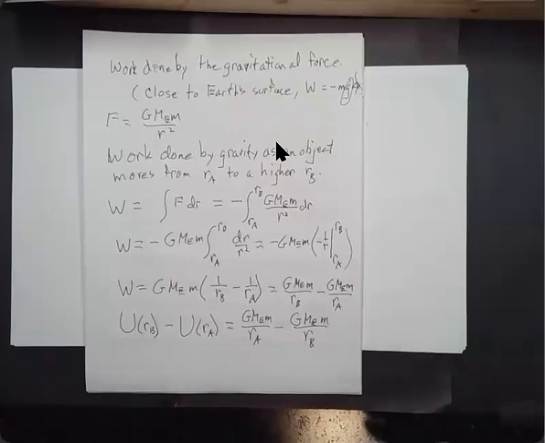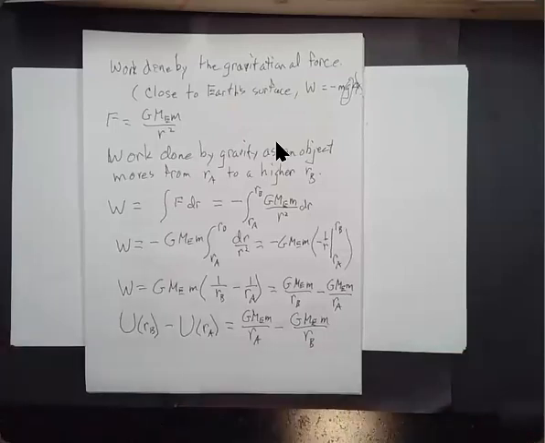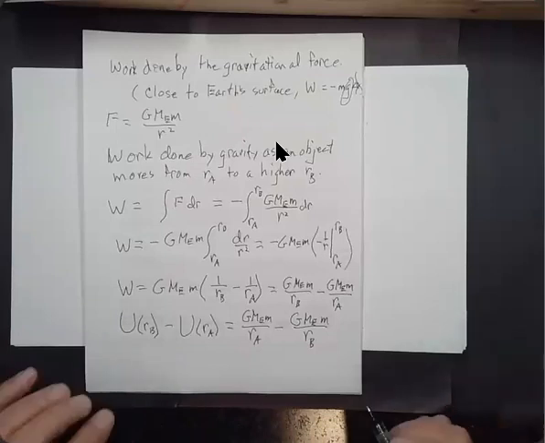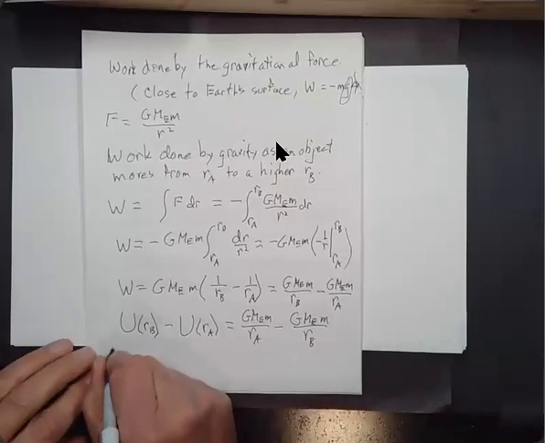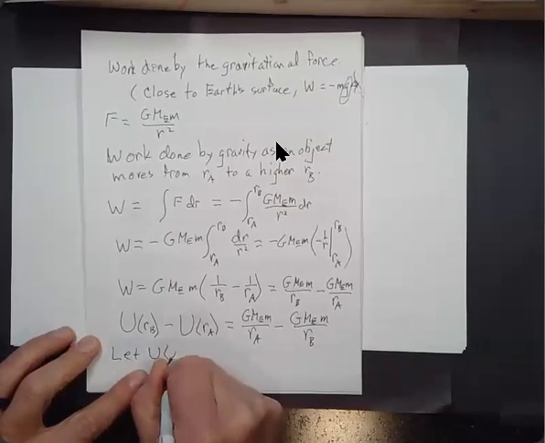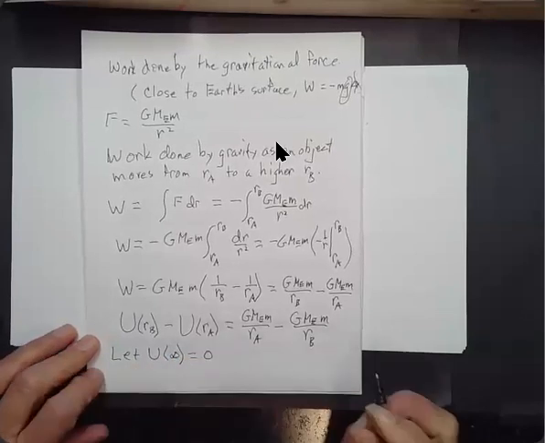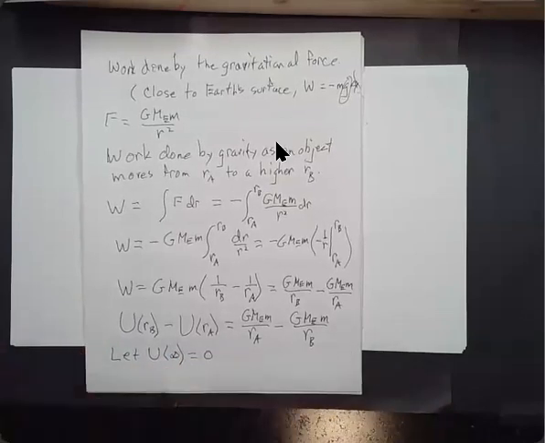And then we'd like to extend this to gravitational potential energy with respect to the sun or with respect to some other planet. And so here's what we do. We'll let U of infinity equal 0. Okay, so that's what it'll be when you get infinitely far away.